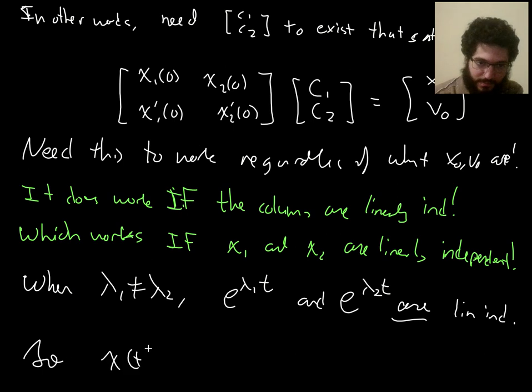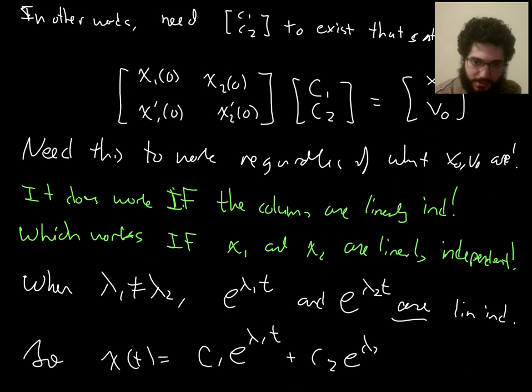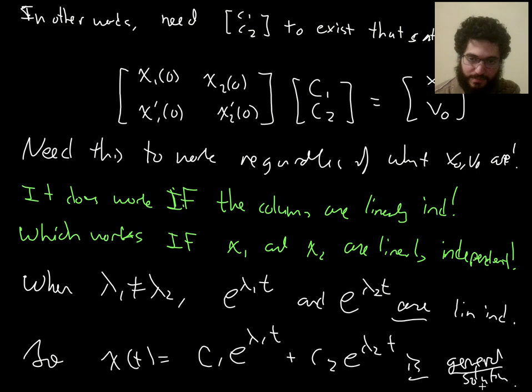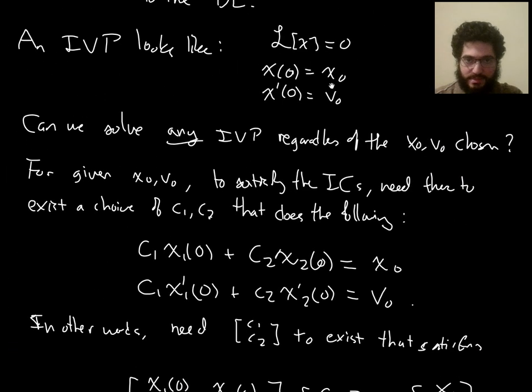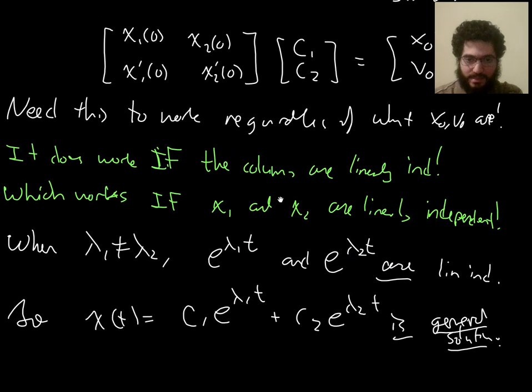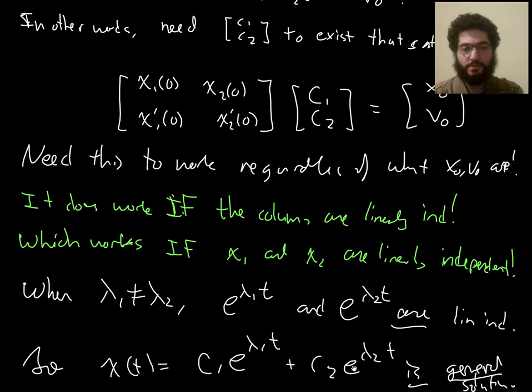So x of t equals c1 e to the lambda 1t plus c2 e to the lambda 2t is indeed the general solution. General meaning you can use it to satisfy any initial value problem. So any one of these setups here, you can use this. There exist C1 and C2 that will work for that setup.